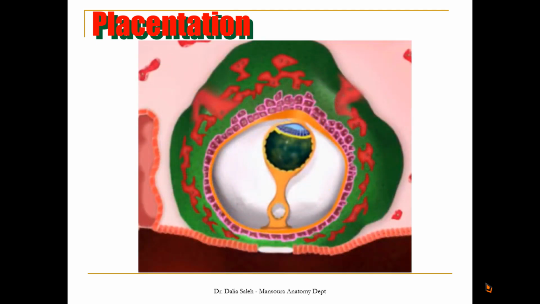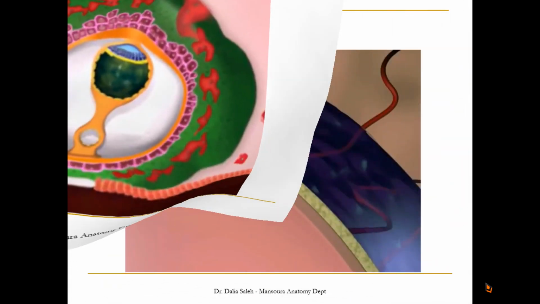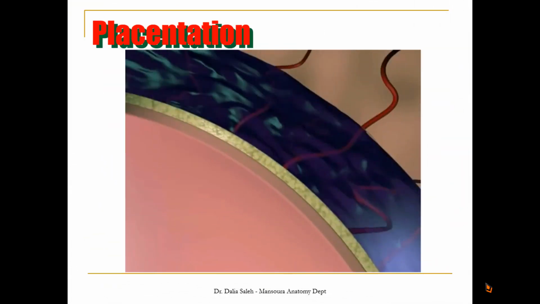The extraembryonic cavity enlarges, and we can notice that the cytotrophoblastic layer begins to send finger-like projections into the syncytial trophoblast. These projections will form what are called chorionic villi. So if we take this area and enlarge it to see how the chorionic villi develop, let's see it in this picture.